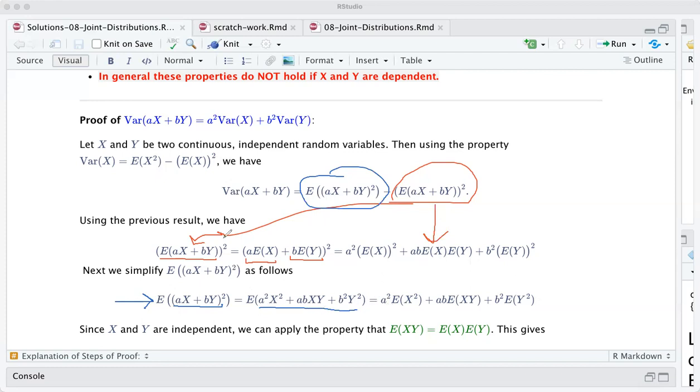Now we can use this same property that we proved about linear combinations of random variables, to say this is a linear combination of this random variable and this one over here. So we could break this up as a squared times the expected value of x squared, plus ab times the expected value of xy, plus b squared times the expected value of y squared. Whew. Okay, we are almost done.